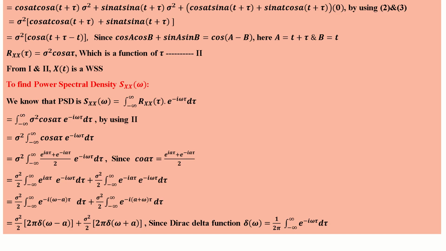So replacing those, σ²/2 · 2π δ(ω−α). In the second integral, instead of ω, you have α+ω, so σ²/2 · 2π δ(ω+α). σ²/2 times 2π is common, so take it outside: δ(ω−α) + δ(ω+α). The 2 and 2 cancel, and you will get the PSD, power spectral density, Sxx(ω) = σ²π [δ(ω−α) + δ(ω+α)].